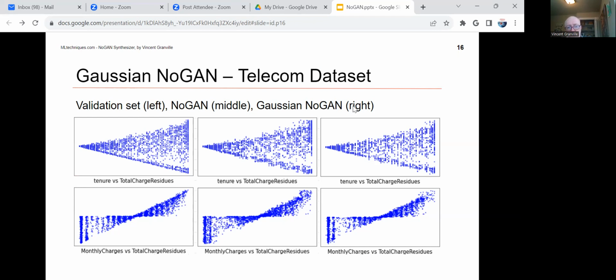But if you quickly look at this, you're going to see on the left side the real data. The middle column is the initial NoGAN synthetic data. And on the right-hand side is the Gaussian NoGAN, which provides some improvement.